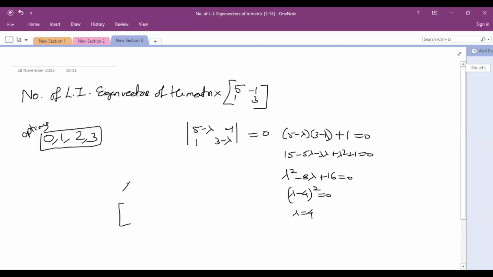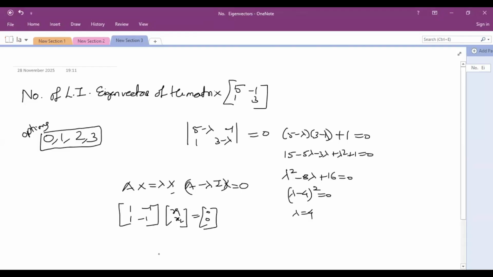Okay, so we can find the eigenvector for lambda equal to 4, which would be found by writing Ax equal to lambda x, and we want to find the value of x, which will be of order 2 cross 1. So we can say A minus lambda I into x is equal to 0, which gives us 1, minus 1, 1, minus 1, into x, which is x1, x2, equals 0.